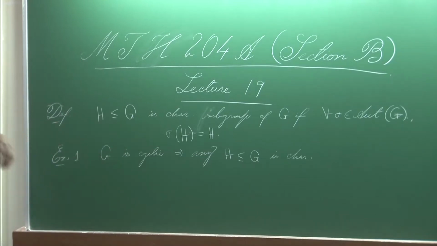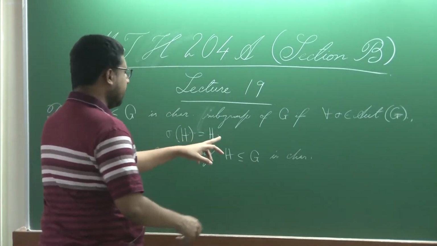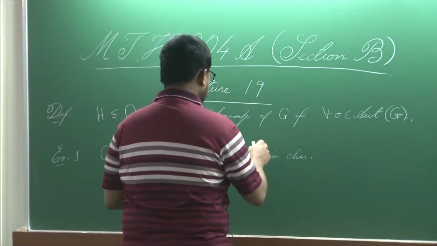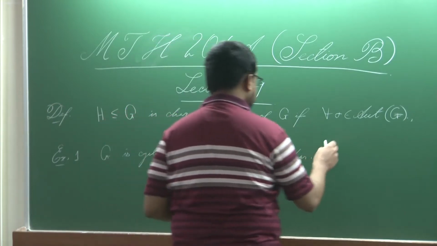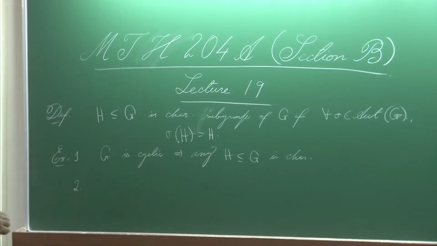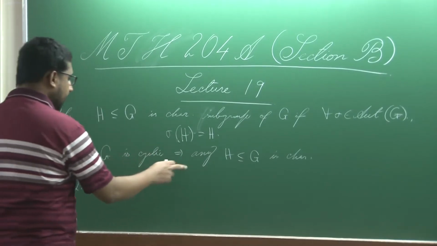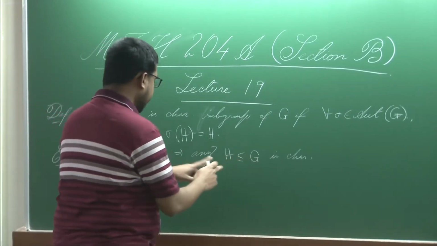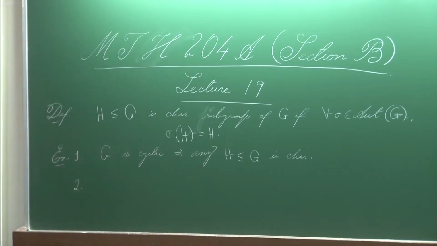We'll shortly explain why this is called strongly normal. In fact, it's easy to see that this implies normality, but I will put it as a note a little later. So why is this true? Because for any given order, there is a unique subgroup of that order if G is cyclic.